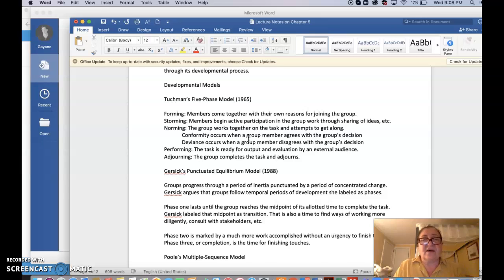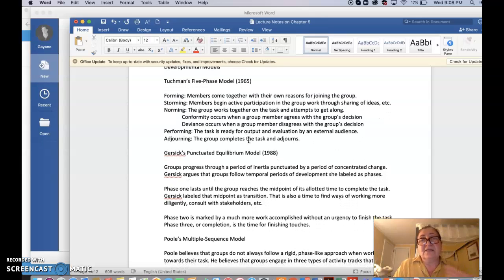The group works together and tries to get along. And this is when they will try to resolve differences, and also establish order, and establish sanctions if there is a need for such a thing. So there are two ways of acting in the norming phase.